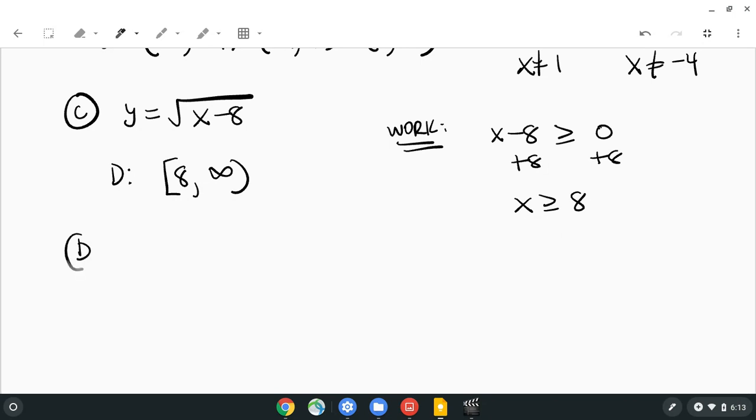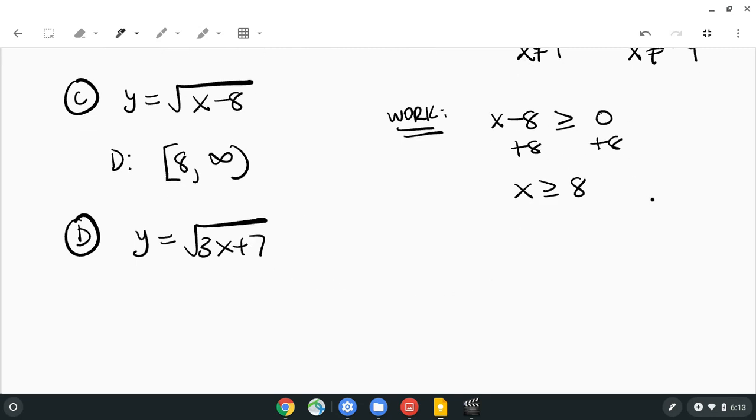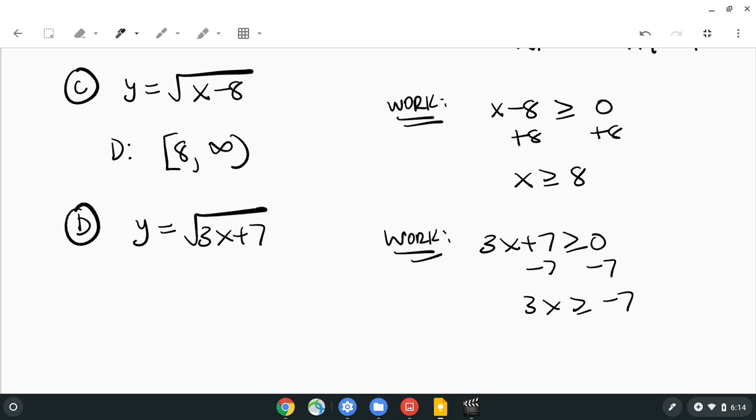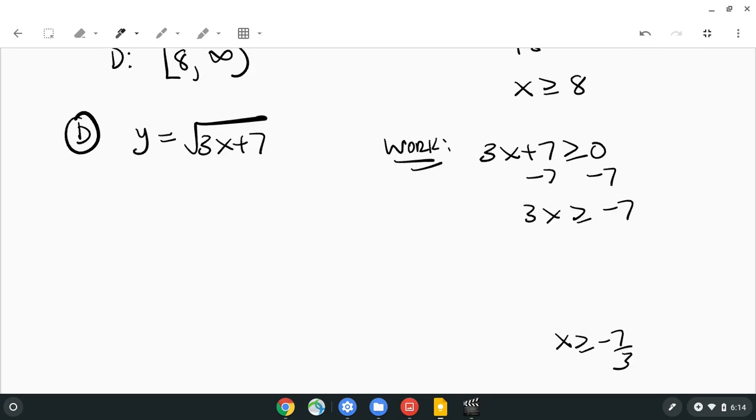All right, let's take a look at this one, y equals square root of 3x plus 7. Same thing. We take whatever is inside and set it greater than or equal to 0. So 3x plus 7 greater than or equal to 0, and solve. Divide both sides by 3.